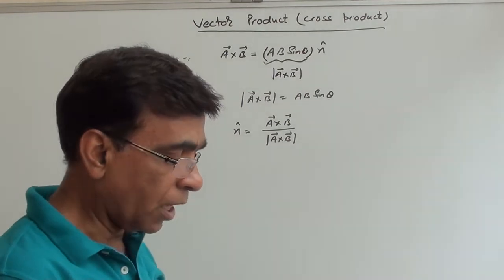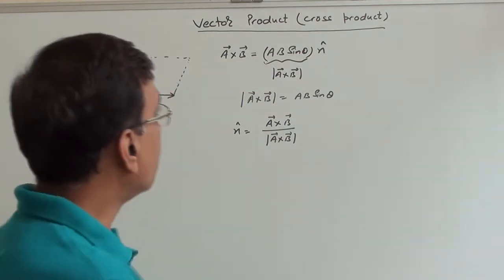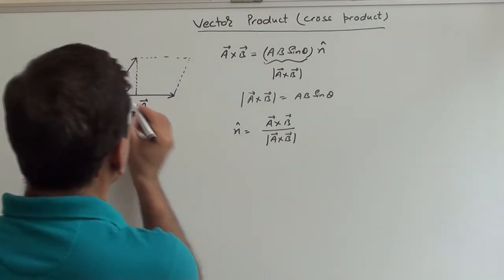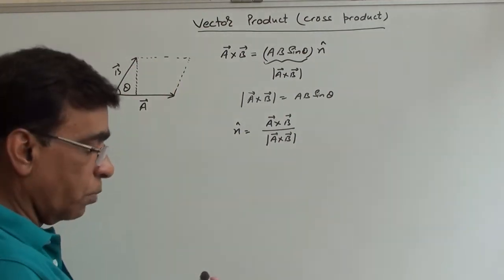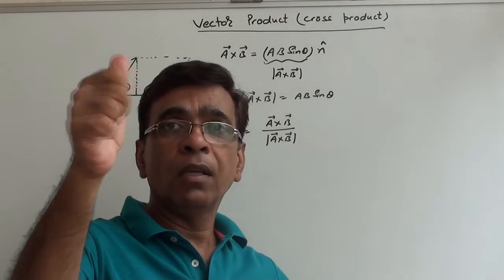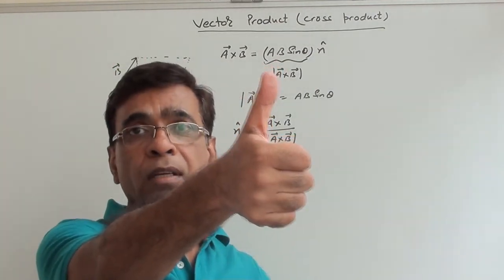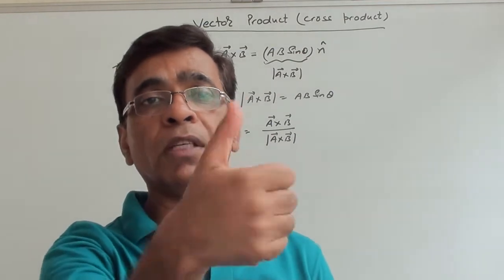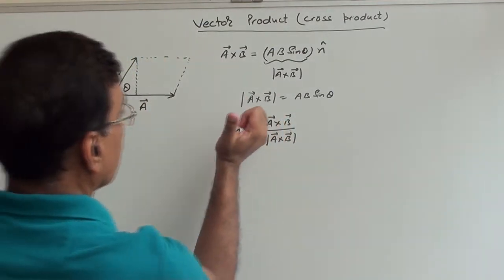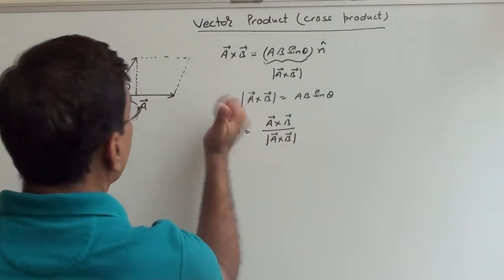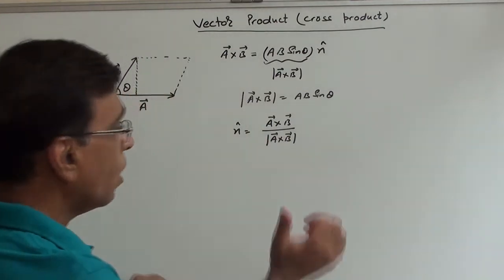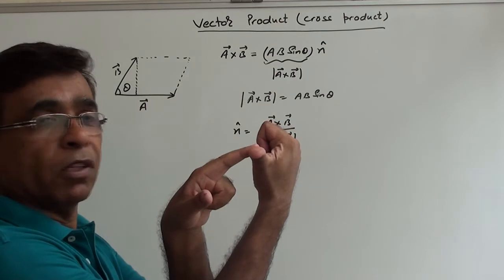We use the right hand screw rule to find the direction of n cap. Now try to understand it. For A cross B, keep the right hand in such a way that we turn our fingers anti-clockwise from the first vector to the second vector. The thumb will give us the direction of the cross product.